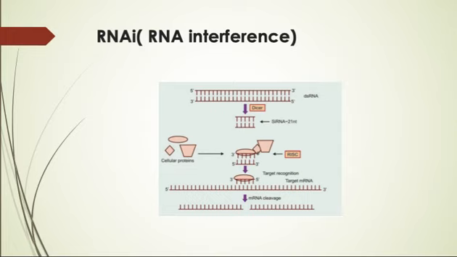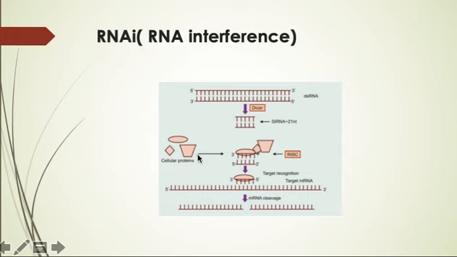of the mRNA. So the double-stranded RNA, you can see here dsRNA, with the help of a dicer leads to the formation of small interfering RNA, which is made up of 21 nucleotide base pairs.